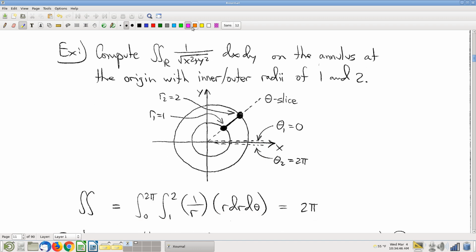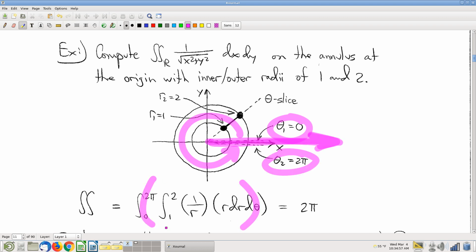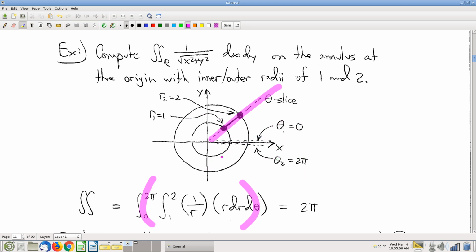In polar coordinates, our theta starts at 0 and goes all the way around to 2 pi. So the theta bounds are 0 to 2 pi. For a given value of theta, so on a given theta slice, what's the range of values of r? Well, r starts at that point.